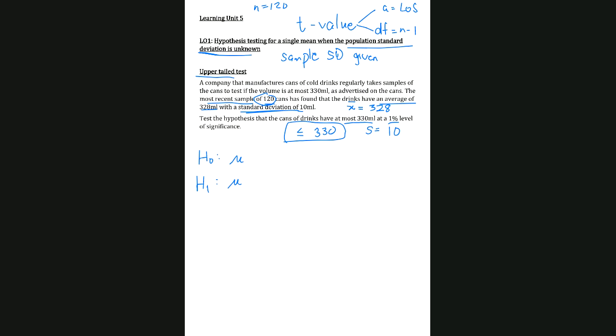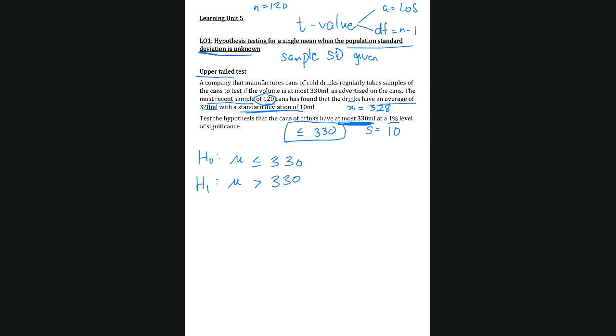So we're using the symbol mu, and then what had been questioned here of at most 330 ml, which is saying less than or equal to 330, would go into our null hypothesis. And our alternate would say that it's looking at everything greater than 330 ml.